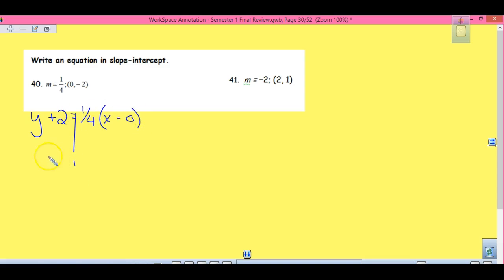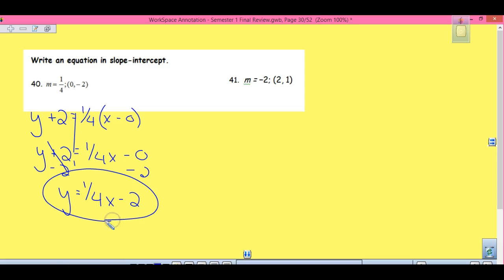Then I have to distribute. So y plus 2 equals 1/4 x minus 0. Then we minus 2. y equals 1/4 x minus 2.